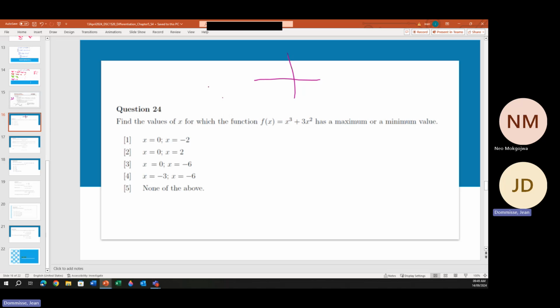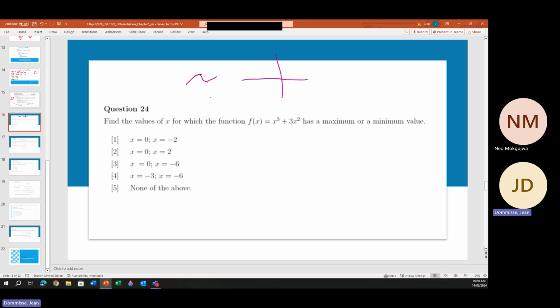It is a cube, so it will have nearly 2 turning points. We will need to work out the 2 turning points, and the only thing they want us to work out is the x value. They don't worry what the other values are. They just want us to work out those x values.